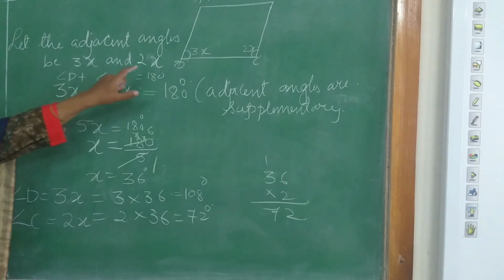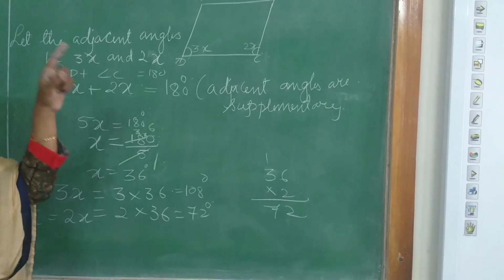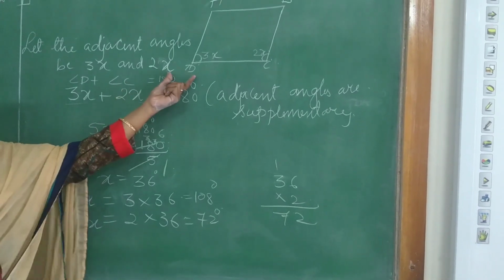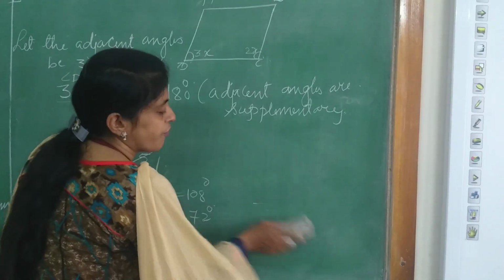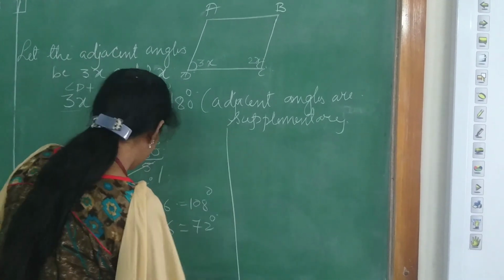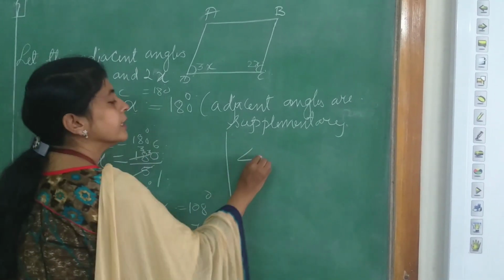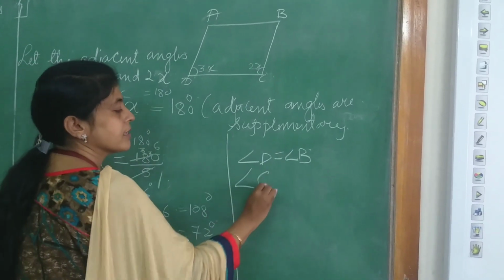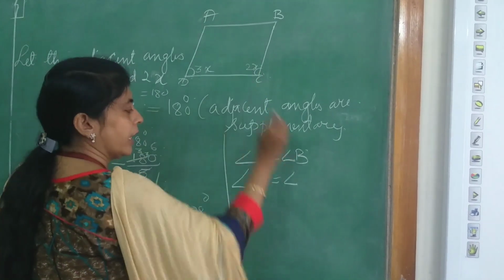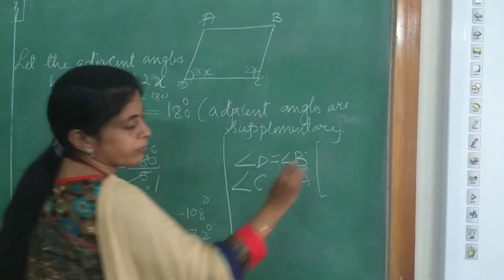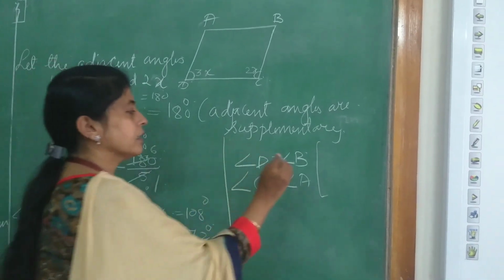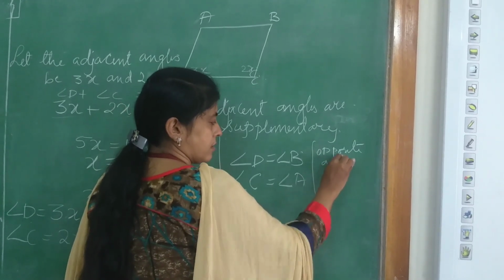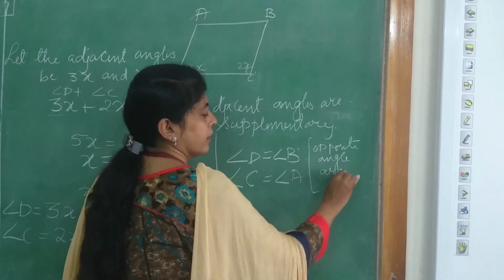As asked, we need to find all the angles of the parallelogram. Now we know only angle C and angle D, but of course we can find the other two. I can write angle D is equal to angle B, and angle C is equal to angle A. This is on the basis of the property that opposite angles are equal.